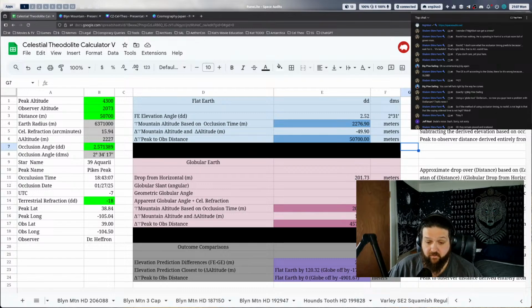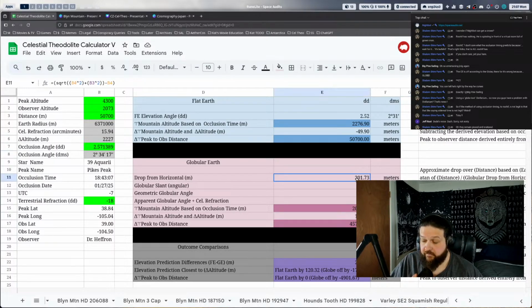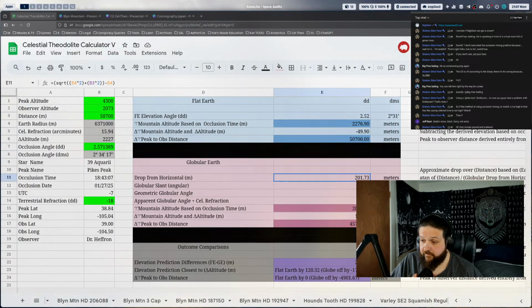And that's also noted because the difference in occlusion timing elevations comes out to be the expected globe drop in elevation. But is it because your method is correct or because of something else? You've shown maybe that there's something in your method, but you don't know why. Yeah, it's because it's flat, bro.